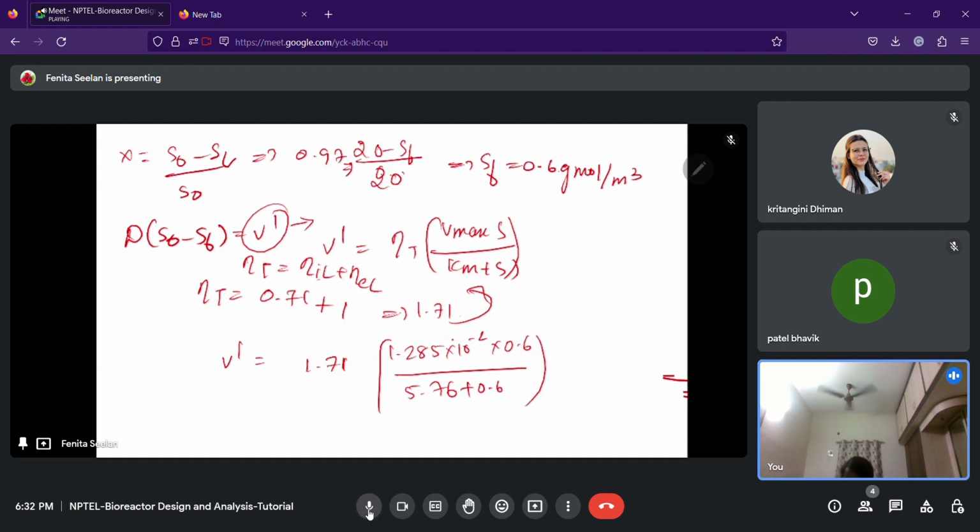If we find this V dash, which is the actual reaction rate, we can substitute it into this equation and get the value of the dilution rate. So the answer would be V dash is equal to 1.7 divided by, this is how much?